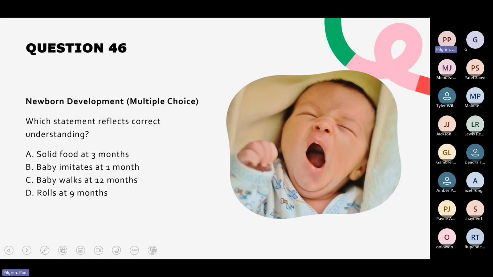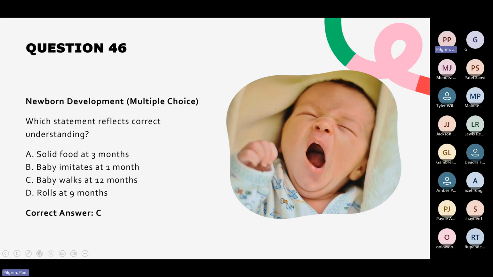Newborn development. Which statement reflects correct understanding of newborn development? So the answer is C. Baby walks around 12 months.